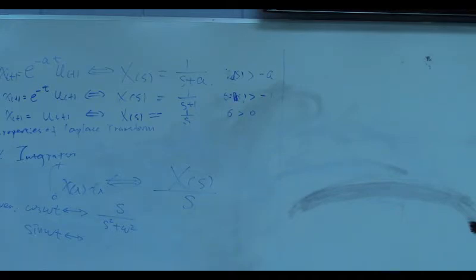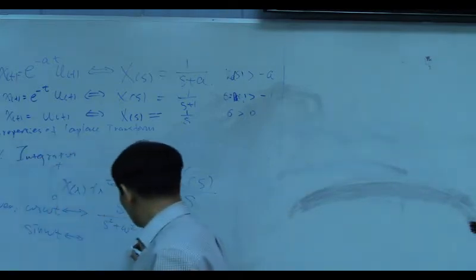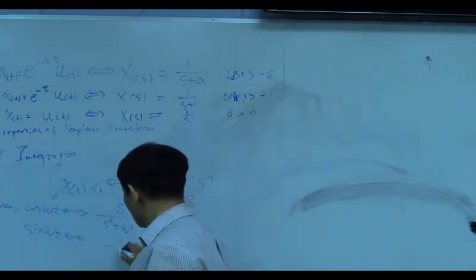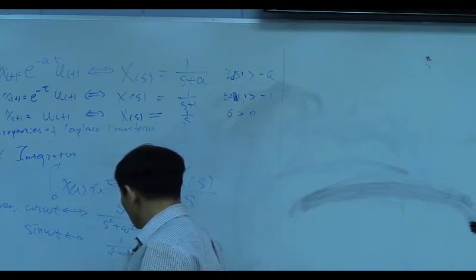It would be 1 over s squared plus omega squared, if you directly calculate the result.